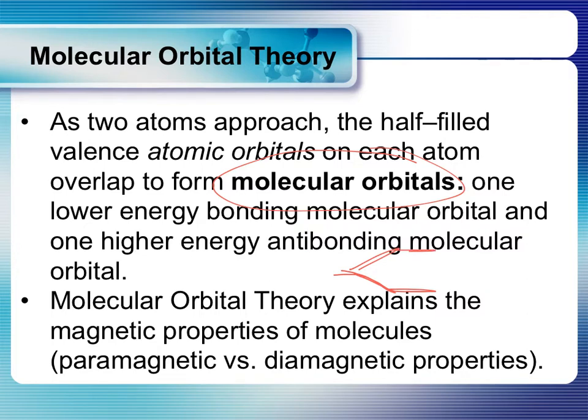The lower energy one in molecular orbital theory is called a bonding molecular orbital. The higher energy one is called an anti-bonding molecular orbital. Molecular orbital theory is actually very sophisticated and explains very detailed properties of molecules.